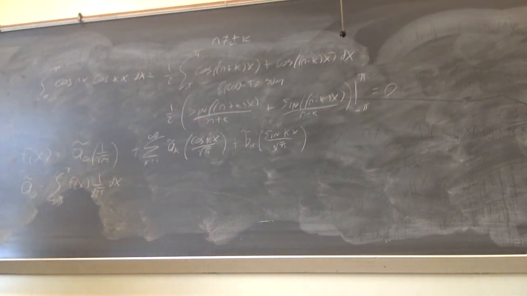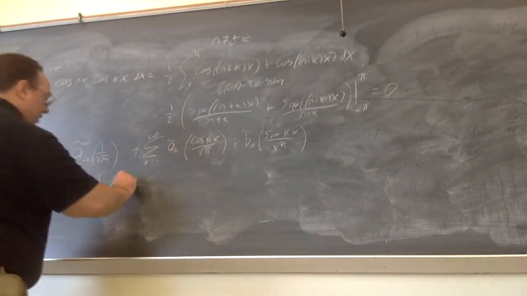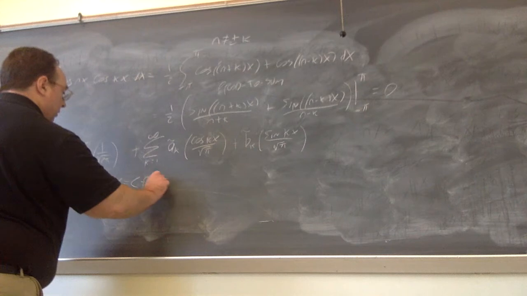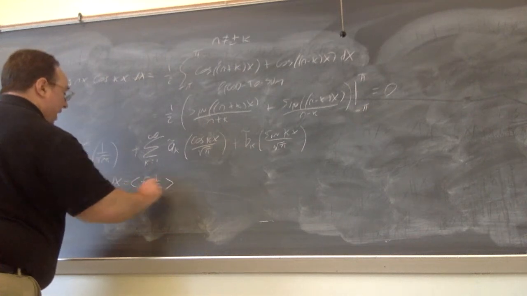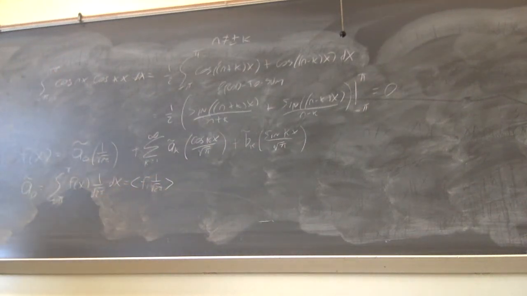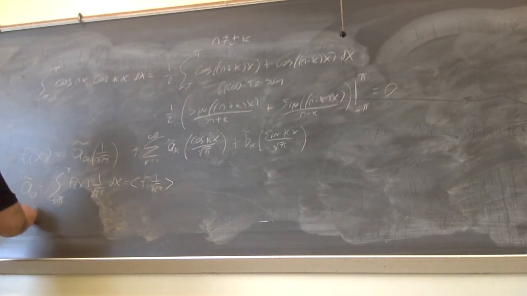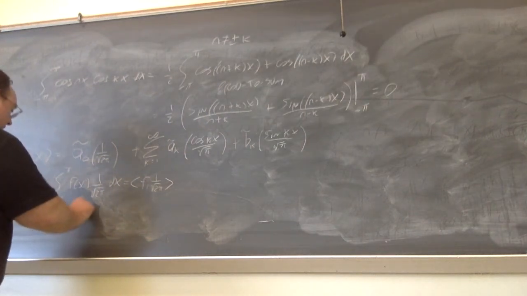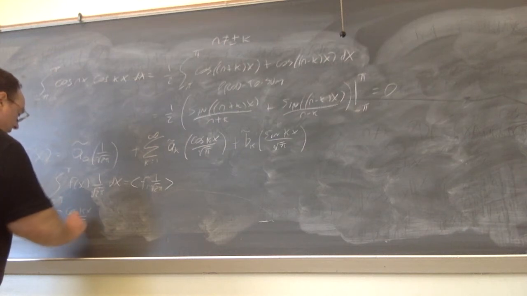When it's an orthonormal basis, you just take the inner product of your f with your basis function. Similarly, ak tilde is the inner product of f with cosine kx over square root of pi, square root of just pi, not 2 pi.